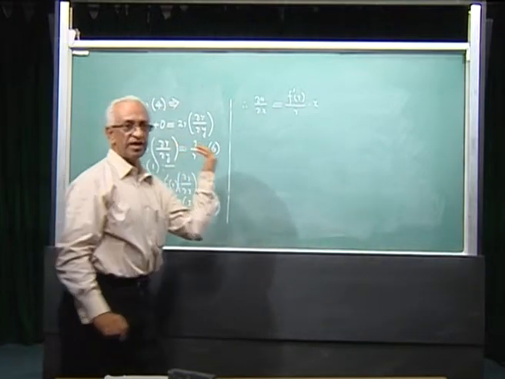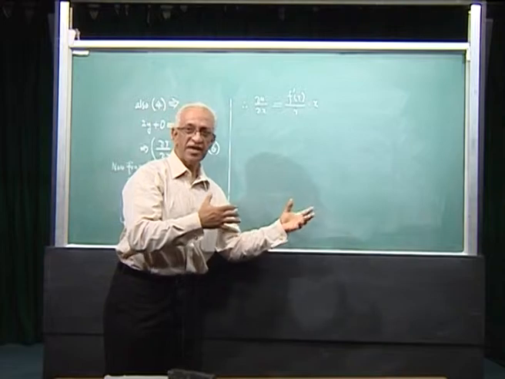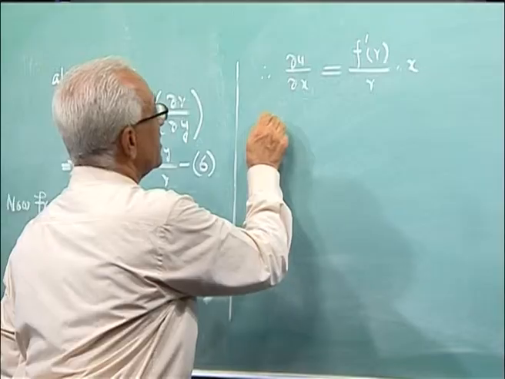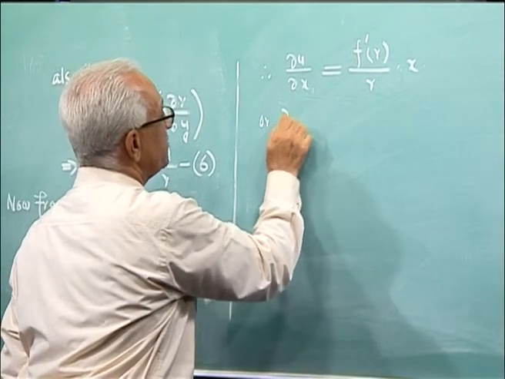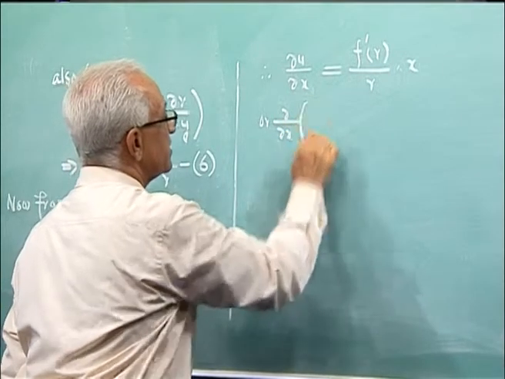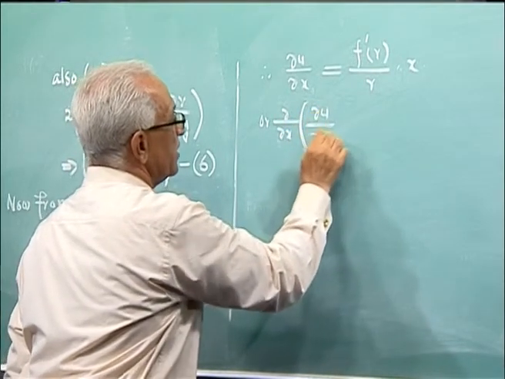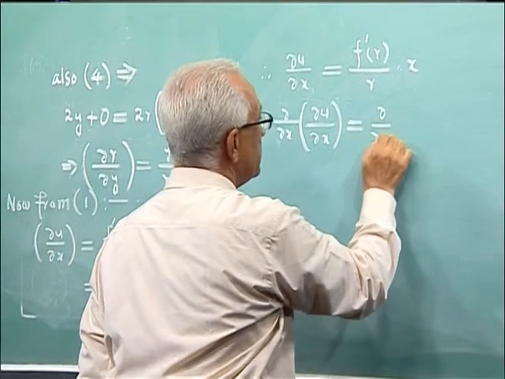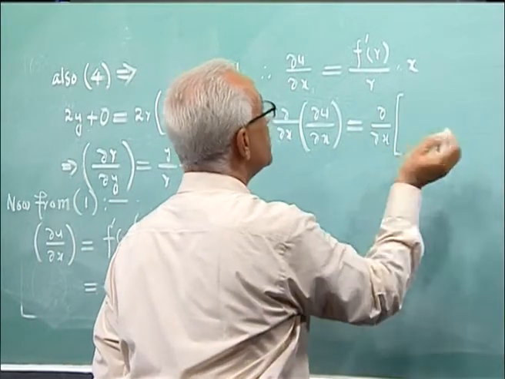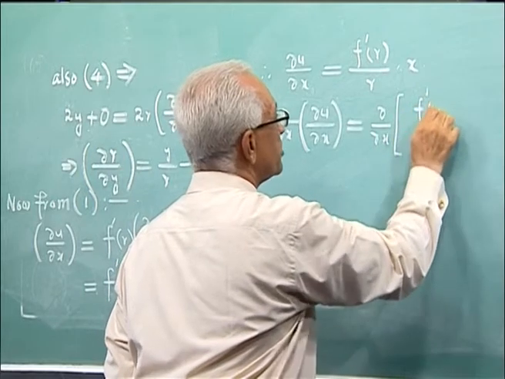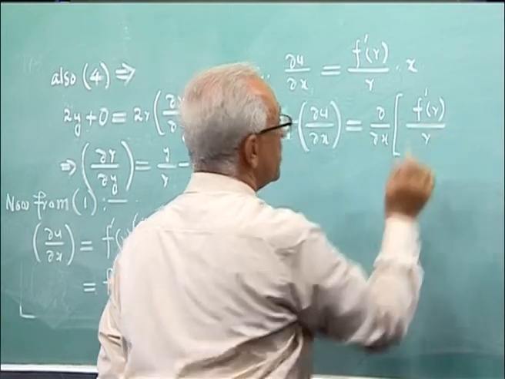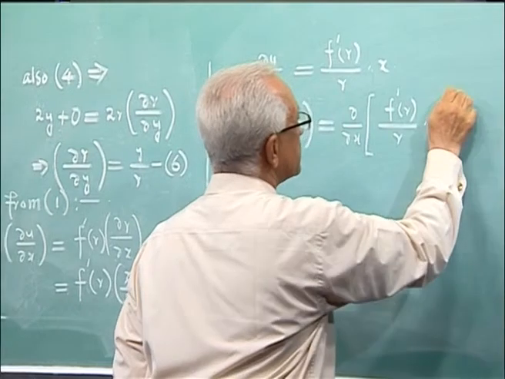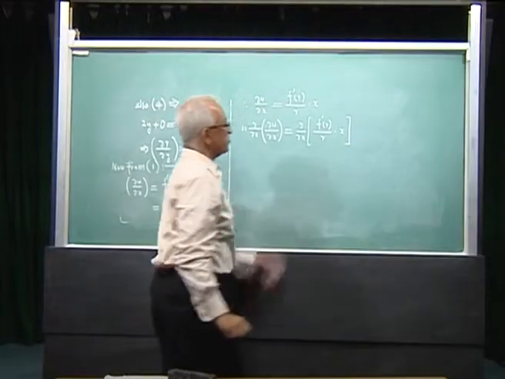The r quantities are taken into one side, x is taken as such. Now I am doing the second differential, so d/dx of du/dx, and this will become d/dx of the whole function, that is f dash r upon r into x.